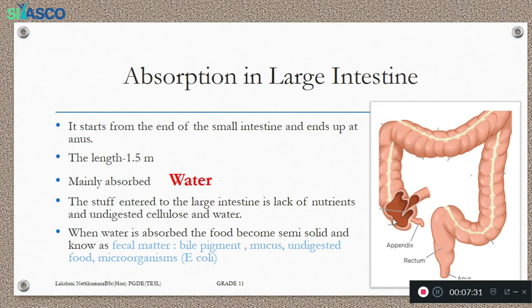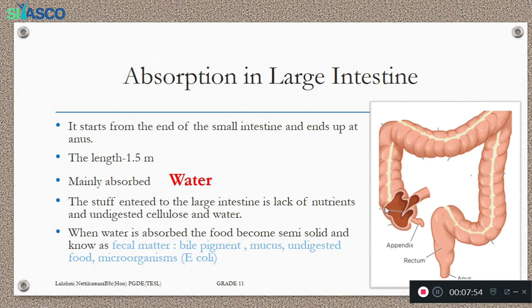This place is called caecum. It starts from caecum and ends with anus. This broad tube is the large intestine. The length of this large intestine is about 1.5 meters.